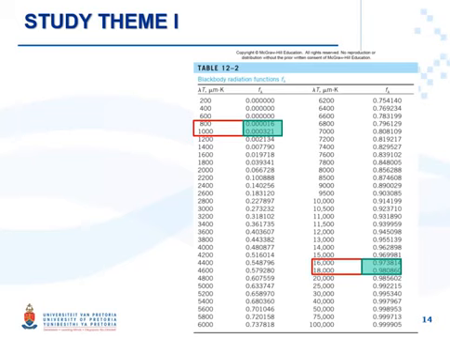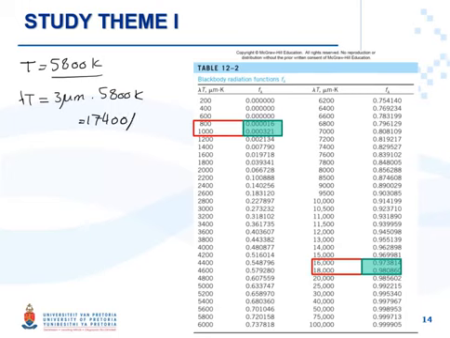First temperature T is equal to 5800 Kelvin. For this temperature, lambda T will be 3 micrometer multiplied by 5800 Kelvin, which is equal to 17,400 micrometer Kelvin.